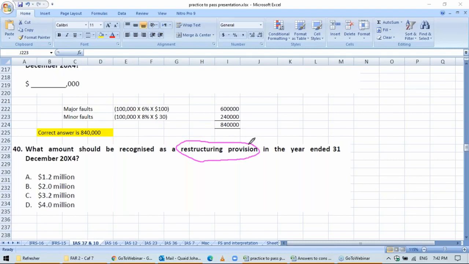By restructuring, we mean that the company is changing the method of producing, like they are moving on from manual production to automated production. Or they are closing some branches, they are terminating some employees. So they are reducing something or changing the way of doing things.